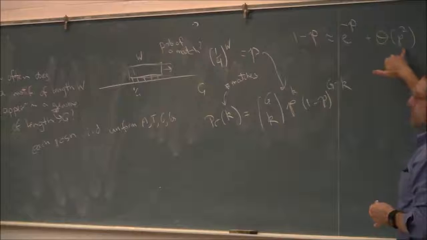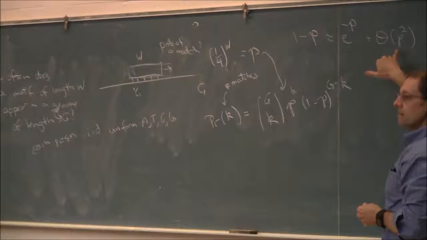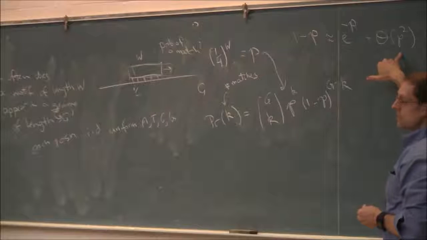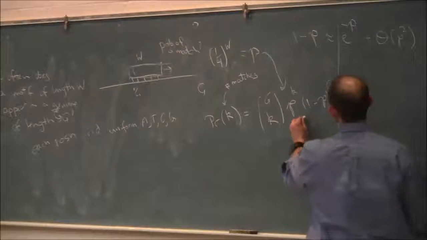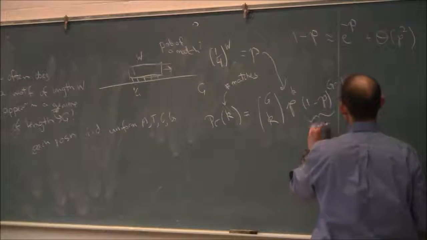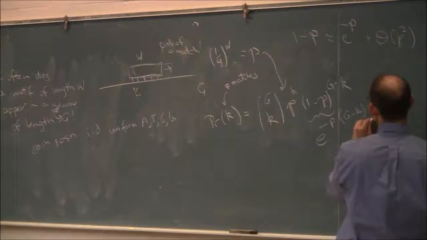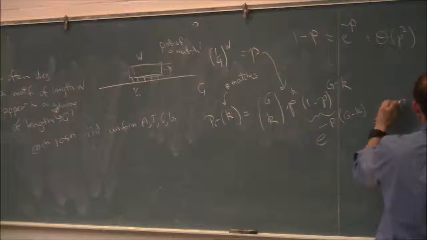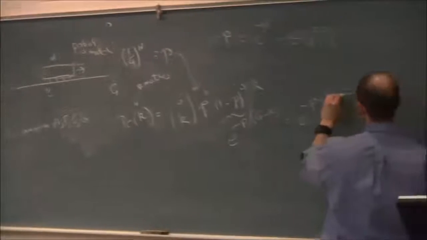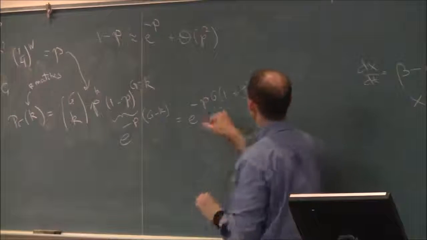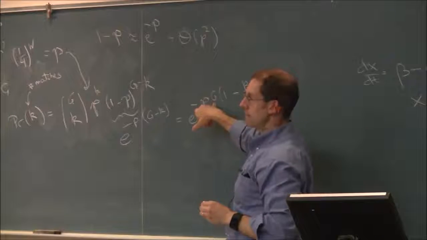And p is so small that p squared we will ignore relative to p. So we replace this with e to the minus p times (G minus K). And so we could write this as e to the minus p times G times (1 minus K over G), just factoring out the G.